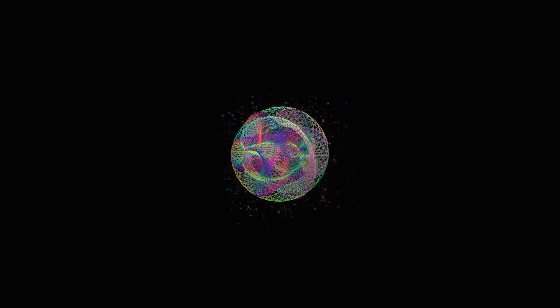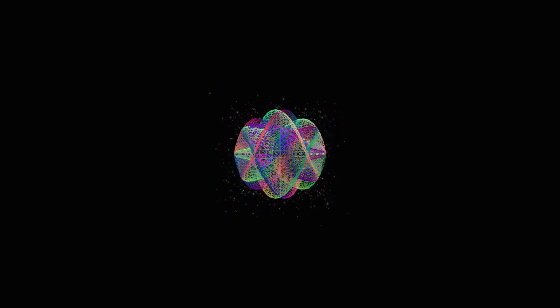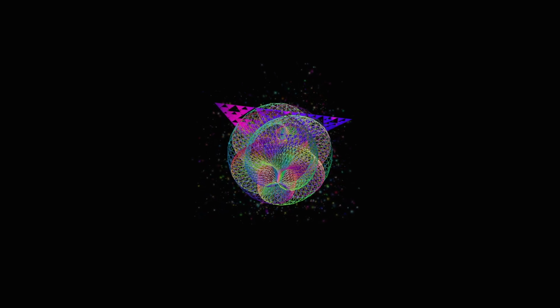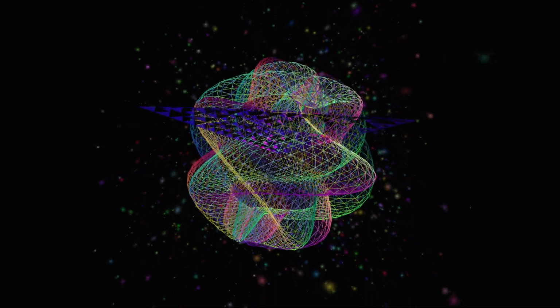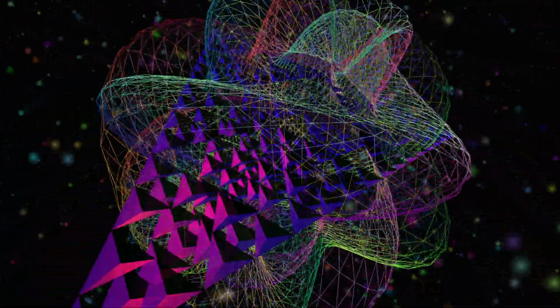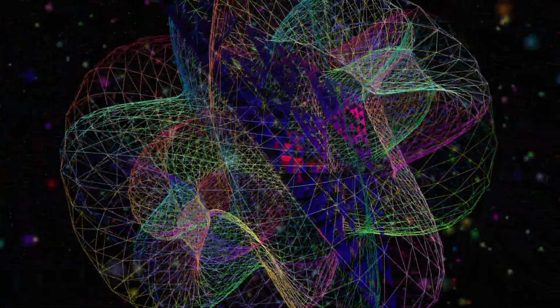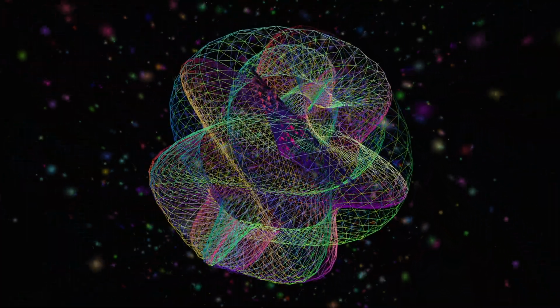SUSY proposes this symmetry between fermions and bosons. Every known particle would have a superpartner with a spin differing by 1/2. The gravitino is predicted to be the superpartner of the gravity particle we'll get to, and so it would have spin 3/2. But purely theoretical for now. Purely theoretical. Hasn't been observed. It really highlights how much we still might not know about the fundamental particle zoo. Right. Lots of question marks remain.